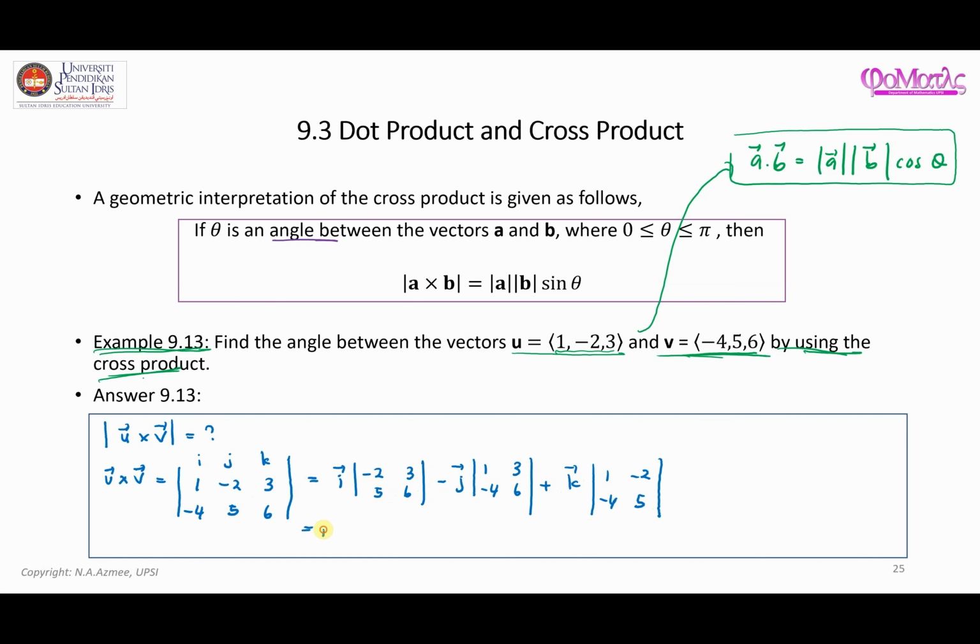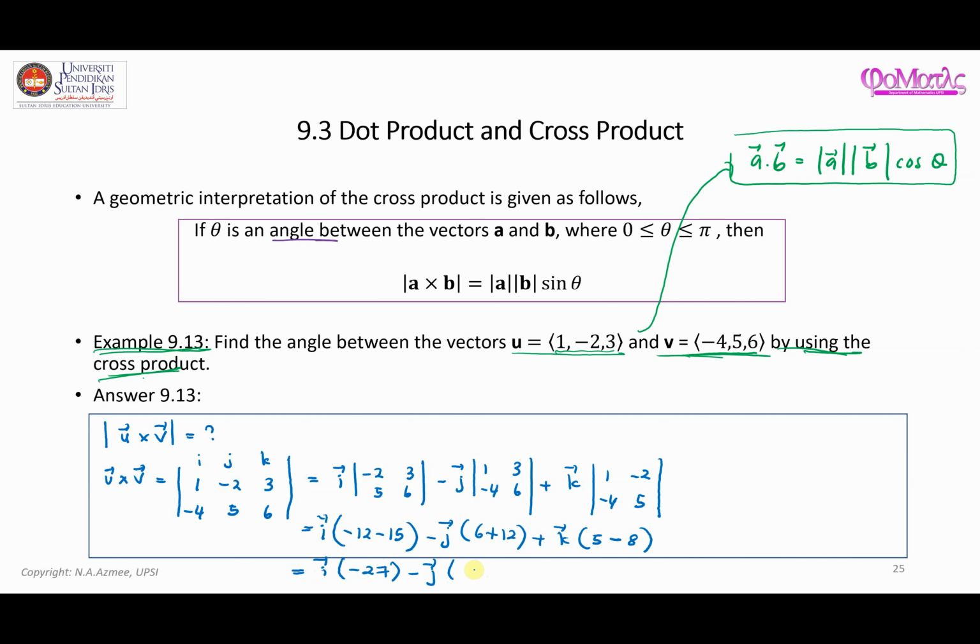And that can be simplified as vector I. So cross multiply this, so you will get -12 minus 15 minus vector J. 6 minus a -12 is plus 12, plus this one is vector K. 5 minus 8. Okay, and that becomes vector I. This is -27 minus vector J.